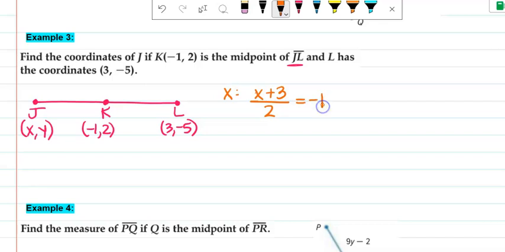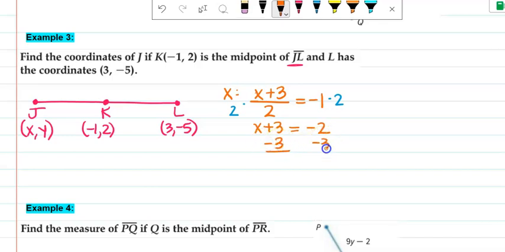It's -1. So we can set this equal to -1 and then solve. We can multiply both sides by 2 to get rid of that fraction. So then we have x plus 3 equals -2.